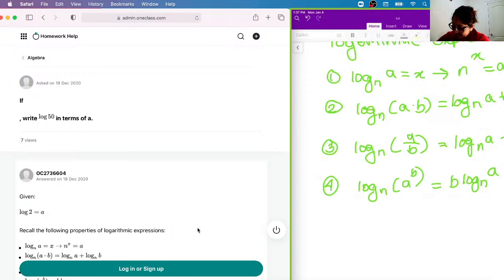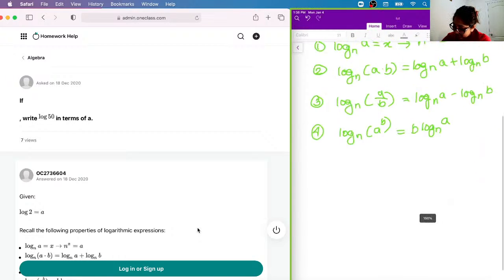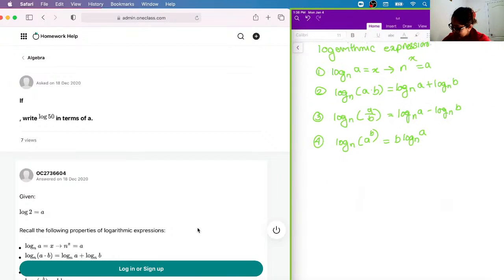Okay. So these are our 4 logarithmic expressions, and so with these properties in mind, we can try to think of an expression that will give 50 as the answer.